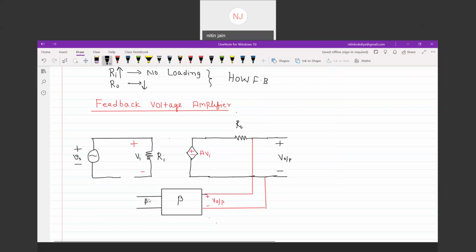This is beta into V output, and this voltage is known as the feedback voltage. So we have connected this to this. Now we have modified our circuit. Let's see what effect this has on input resistance and output resistance.